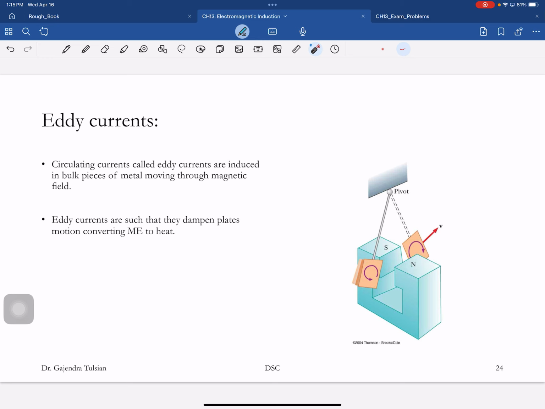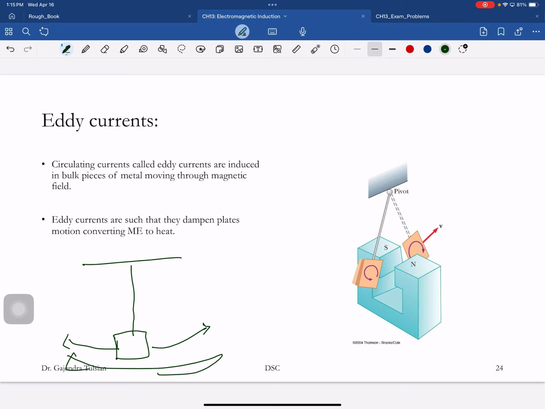So here's another device. This is a pendulum. You can take a pendulum, a metal piece, and set it in oscillation. If it's oscillating here, this thing will oscillate forever. Now if you take the same pendulum and put it between the magnet, what happens is, as this thing is going by there, see, this is the North Pole.